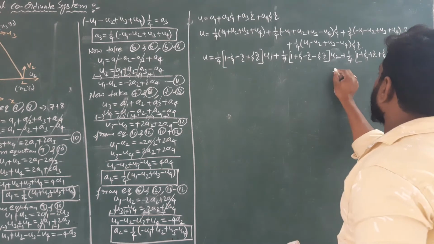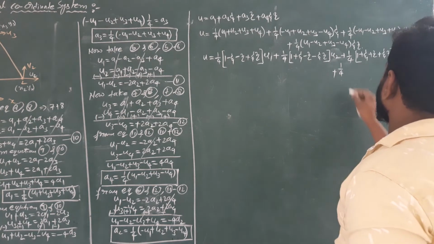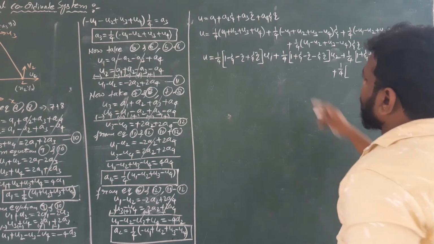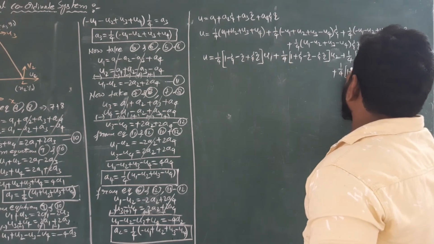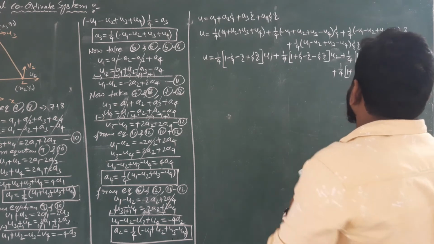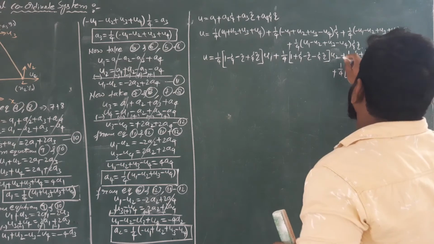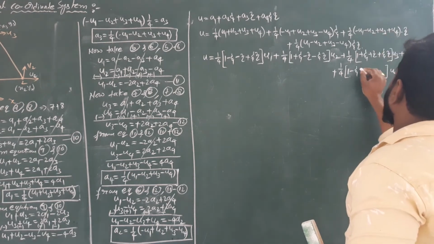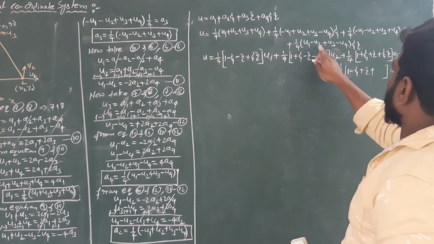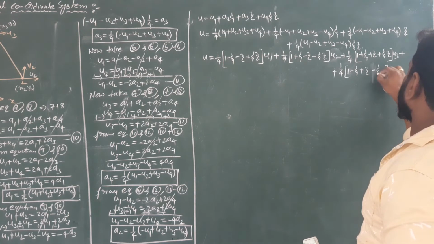Plus I will write here 1 by 4 of, take outside u4. Here the u4 value is 1, here the u4 value is minus j, and here the u4 value is eta, and here the u4 value is minus j eta.